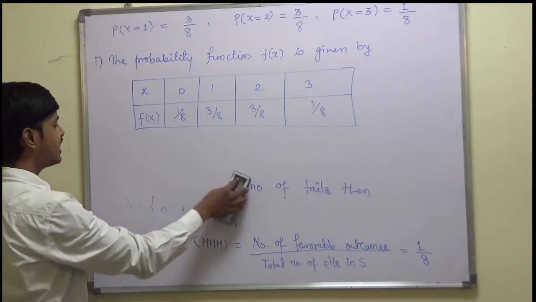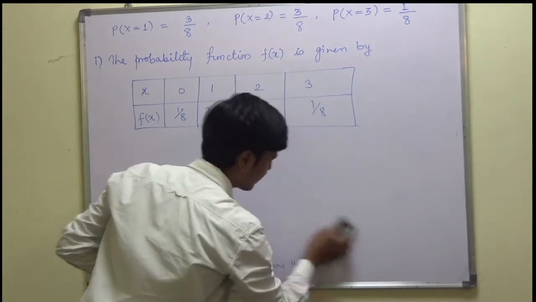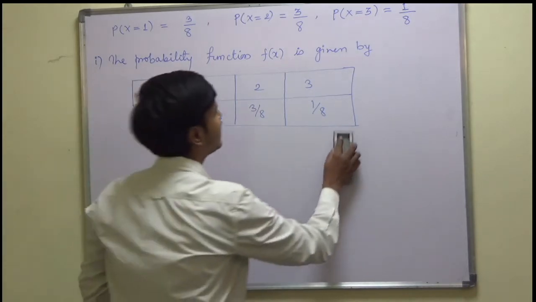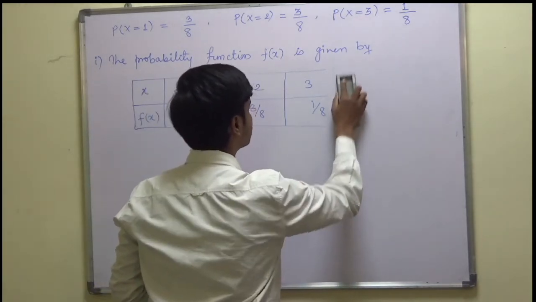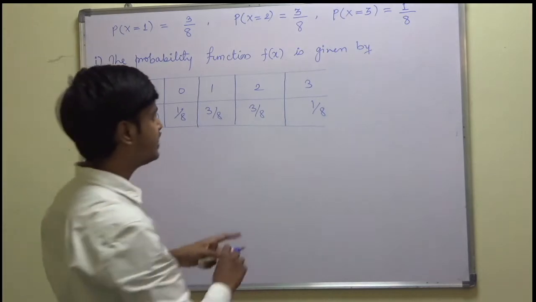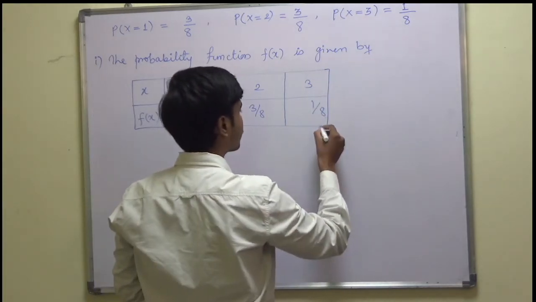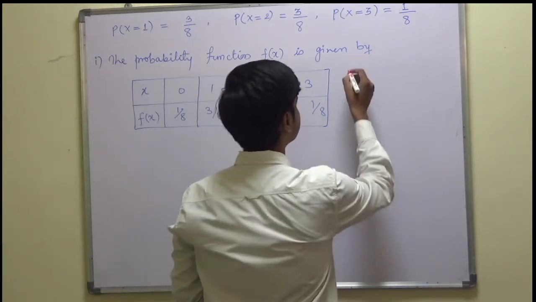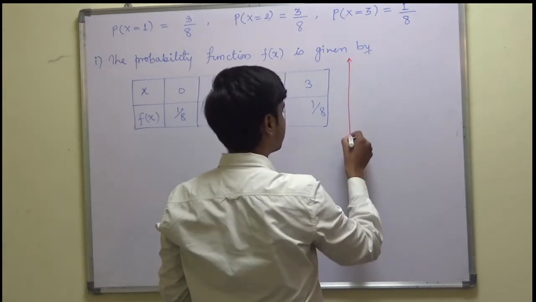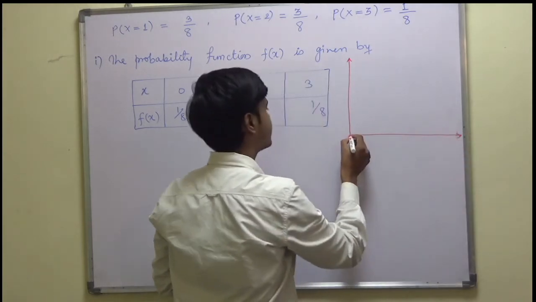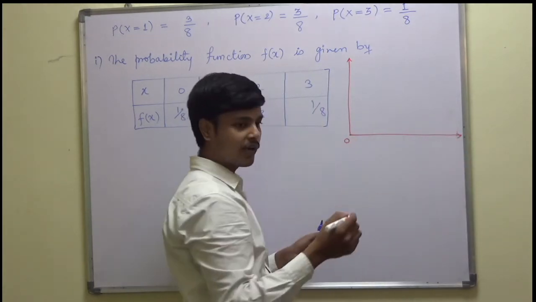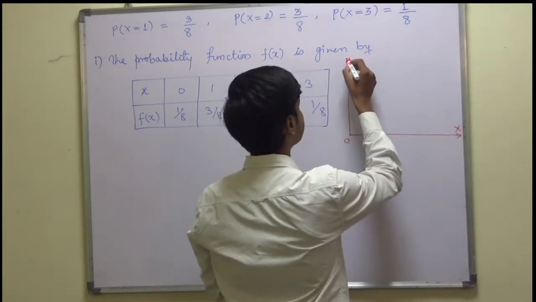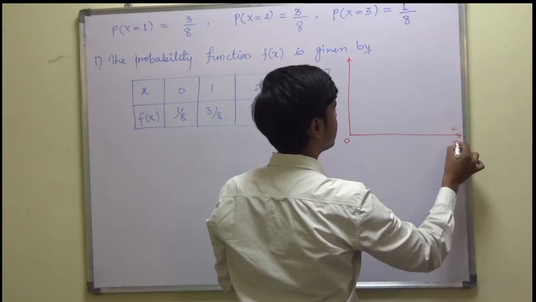Okay, now we can find the distribution function. But before that, let me tell you how to show it diagrammatically. Okay, so I will do it here itself. A short one. Okay, so this is my origin, and here are the values of random variable x, and the probability function f of x.